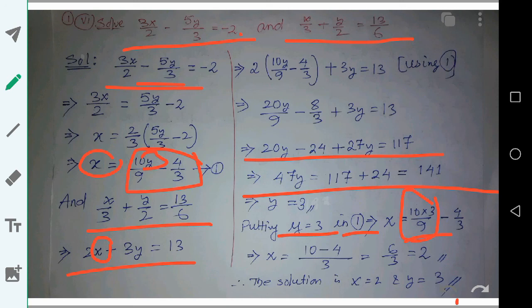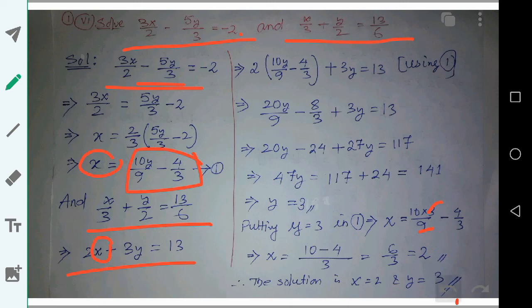10 into 3 by 9 minus 4 by 3. Now here you see this 9 can be cancelled by 3, which gives 3. After cancelling the 9 by 3, we have got here 3.